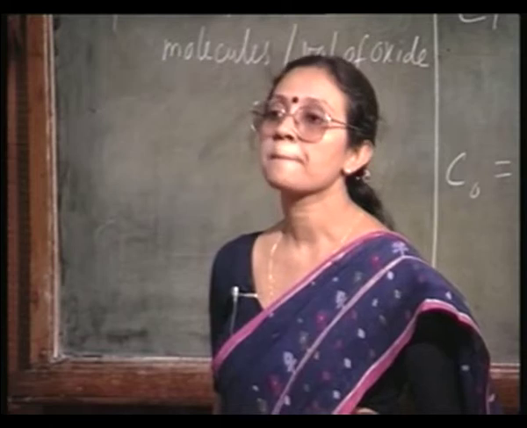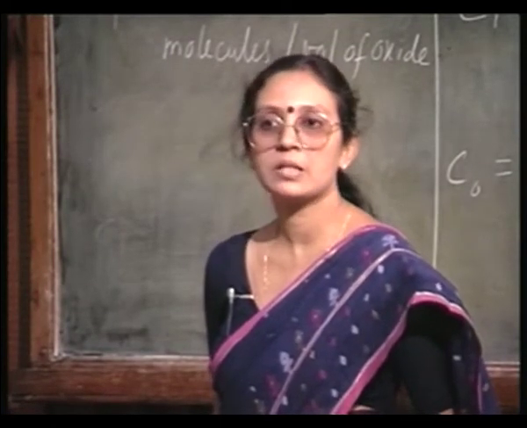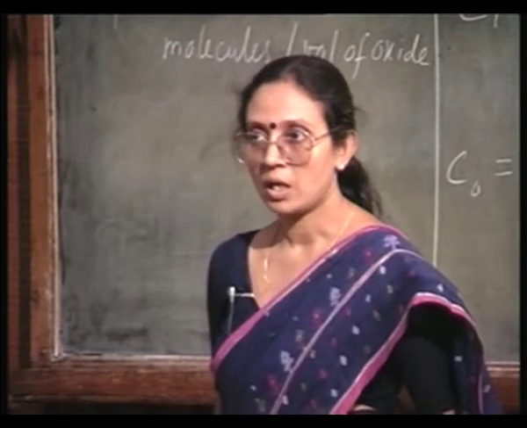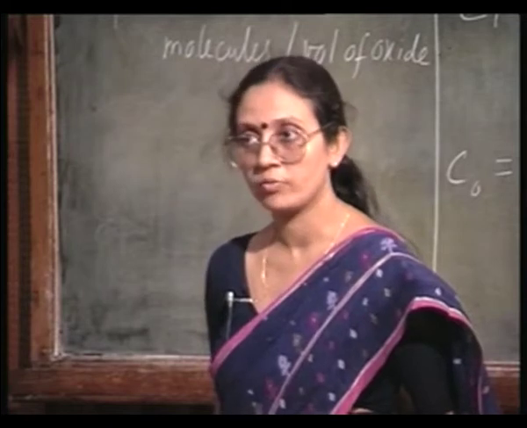Number of oxidant molecules per unit volume of oxide. So, obviously, for oxygen being the oxidant molecule, I need one molecule of oxygen in order to get one molecule of oxide.